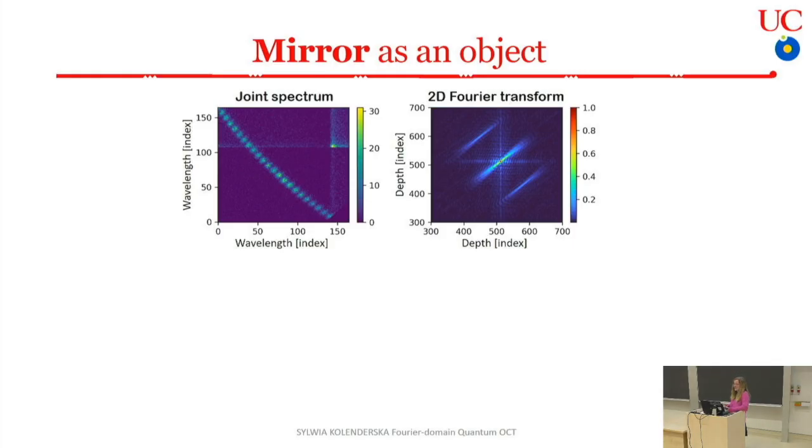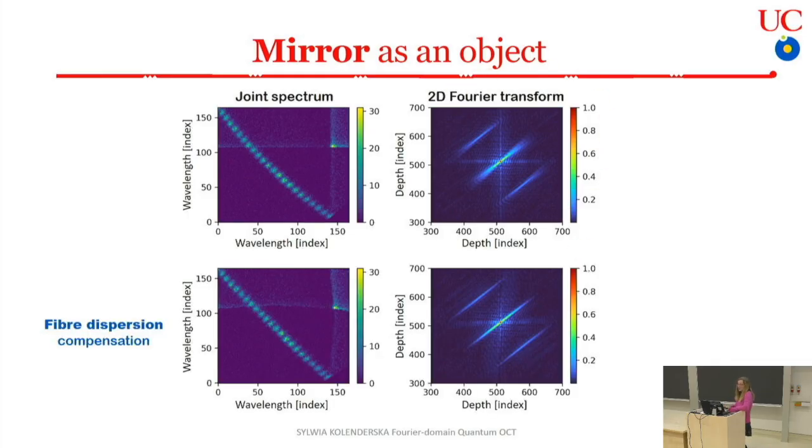So the two-dimensional Fourier transform will look quite ugly because of that. Yeah, we can compensate for fiber dispersion, and then we can go back to the right shape, and then the elements in the Fourier transform start to look decent. We can see this element that represents the structure, so the mirror that was imaged.